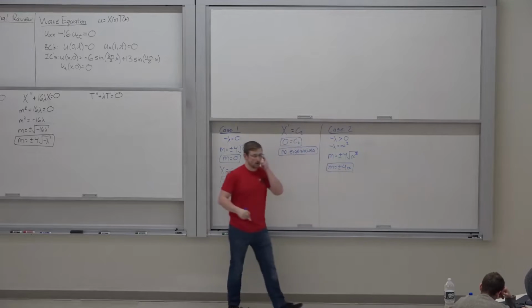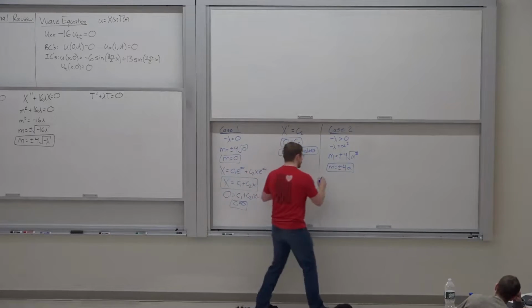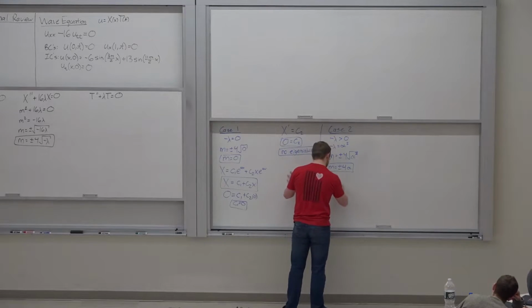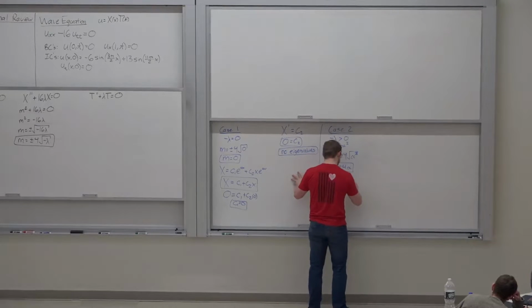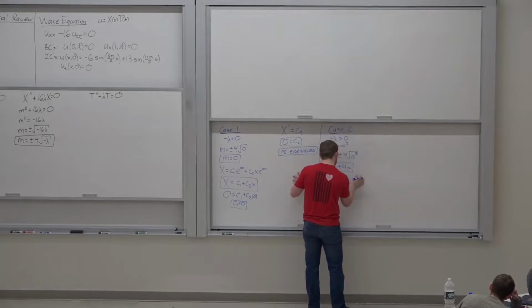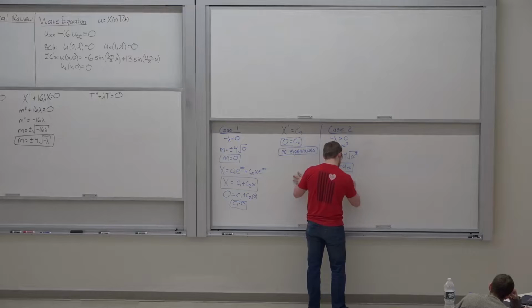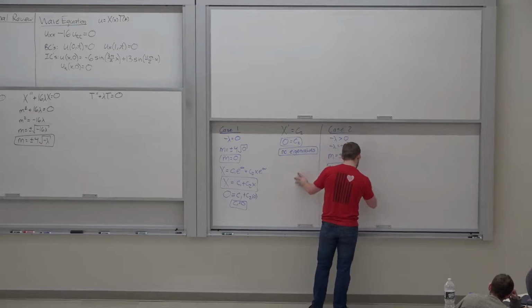I have real non-repeating roots, so my capital X is equal to C1 e to the 4 alpha x plus C2 e to the negative 4 alpha x.